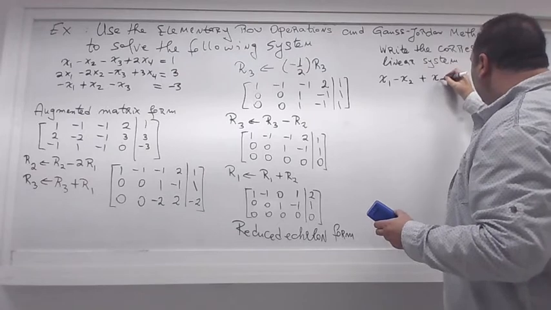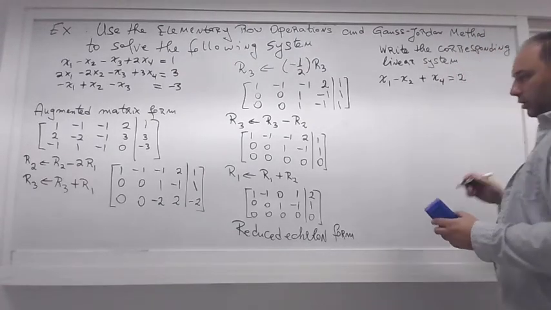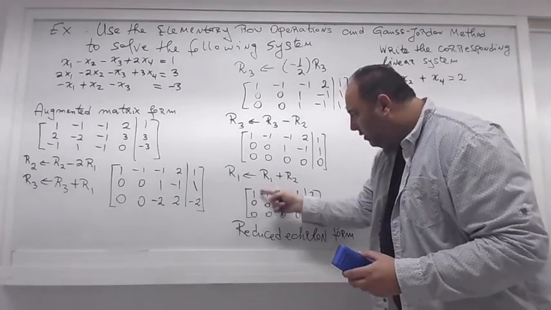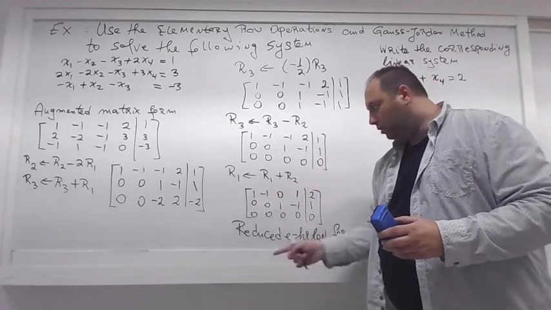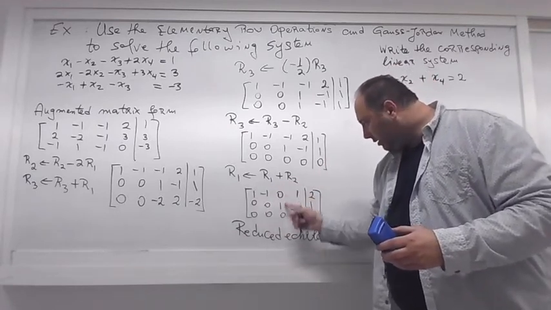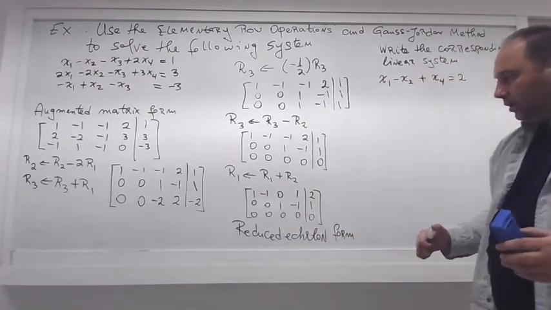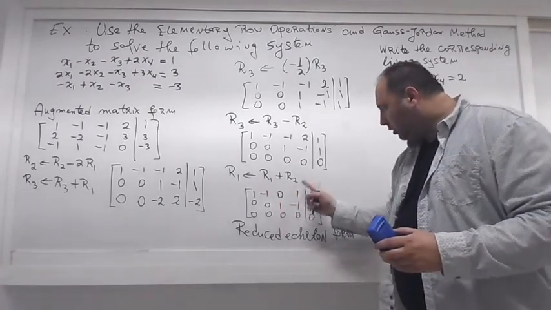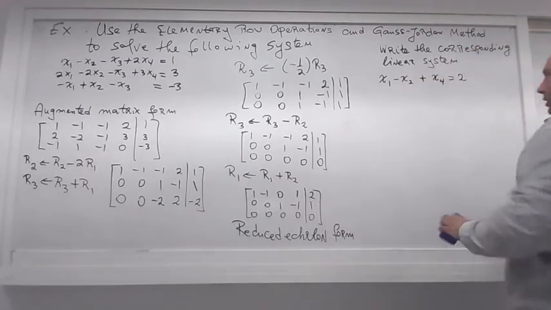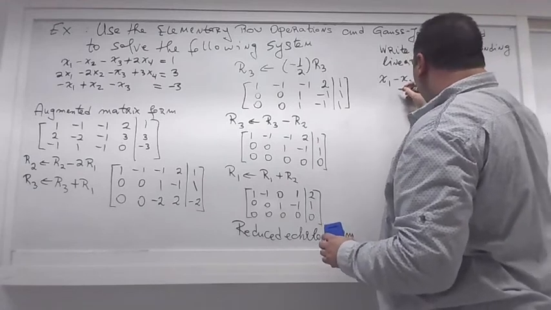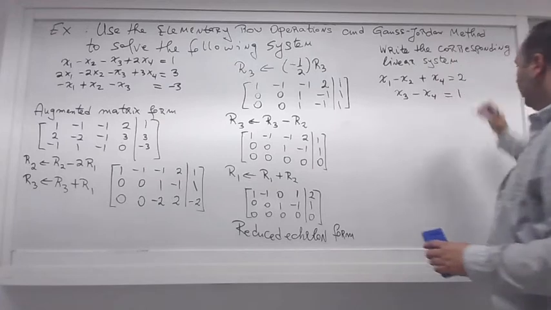Plus x4 equal to. So these pivot columns or leading entry columns, they tell us which variable is main. So x1 is main and x3 is main because column 1 and column 3 have leading entries. And column 2 and column 4 are for free variables. x2, x4 are free. Yay! So now I have x3 here minus x4 equal to 1.